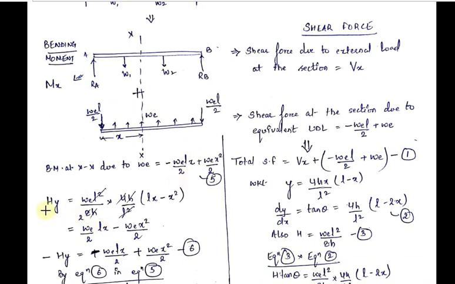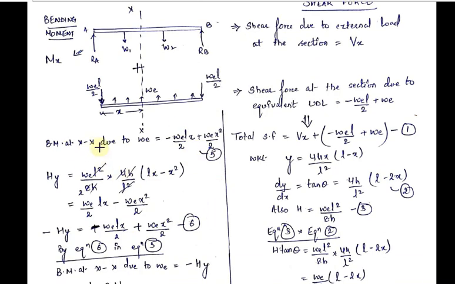Now if I multiply these two equations, h and y, h we know wL square by 8h, y we also know 4hx upon L square into (L minus x). If I multiply these two equations, we will get the equation of hy, which will come out to be this. If I take minus common, I will get the same term as in equation number 5.